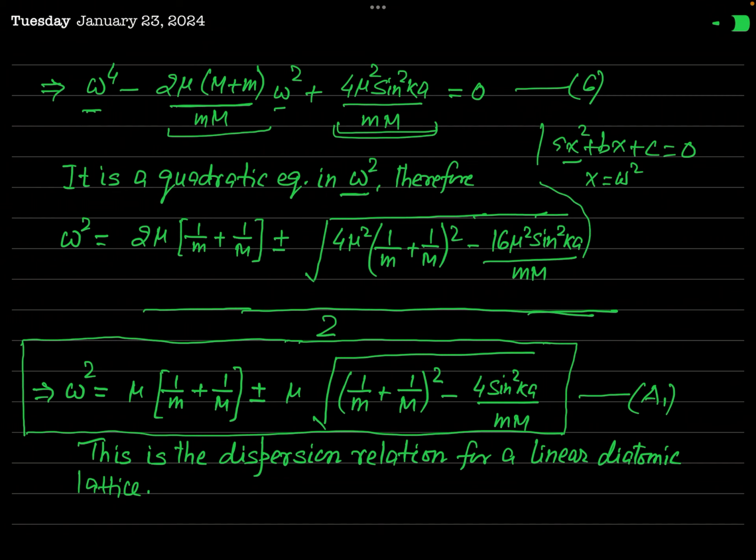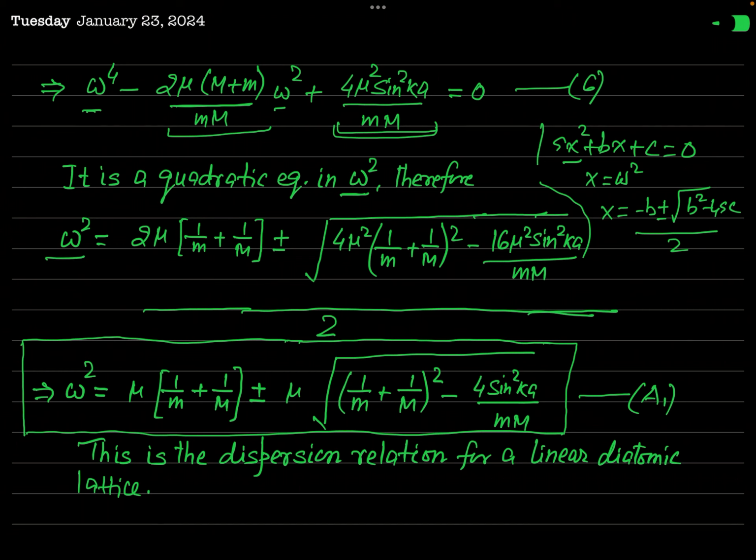Now applying the formula for the roots of the quadratic equation, which is x equal to minus b plus minus root over b square minus 4ac over 2, we can find the value of omega square, not omega, mark it, because it is quadratic in omega square, not in omega.